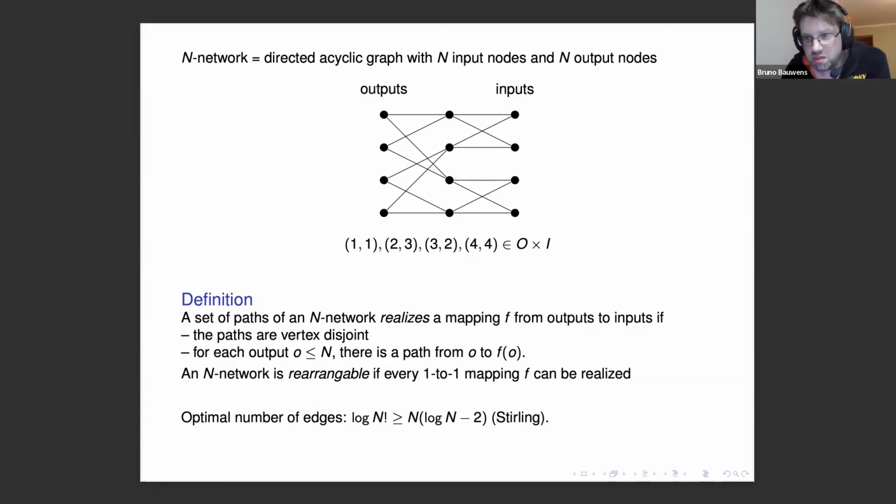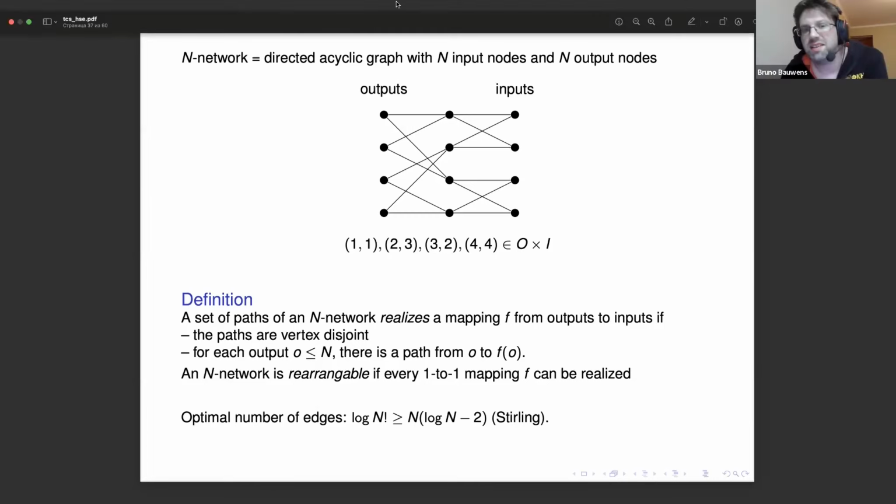And so can you tell me why the lower bound is log N factorial? Probably because there are N factorial one-to-one mappings. Exactly. But why do we take the logarithm? It's not clear. For the number of edges.